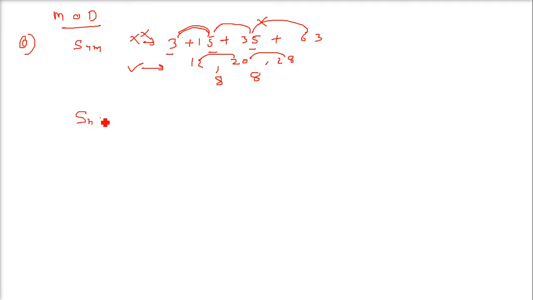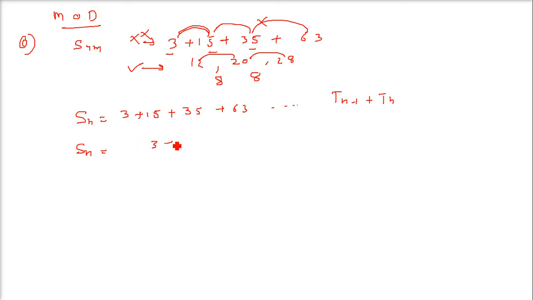We write like this: Sn equals 3 plus 15 plus 35 plus 63, and this goes up to Tn minus 1 plus Tn. Now we write another sum, but we start not from here, from here. First time I am writing here, just shifting a bit, shifting one place you can say.